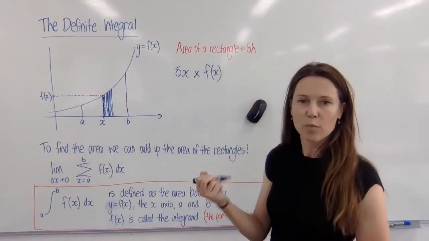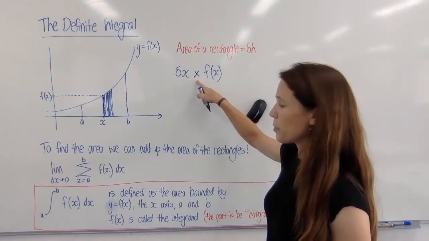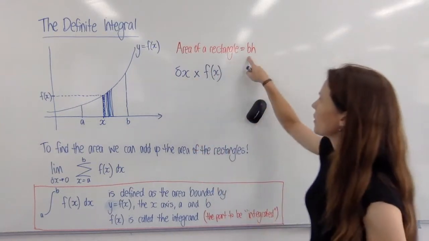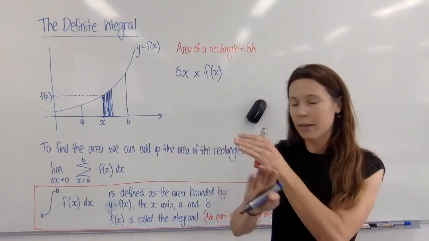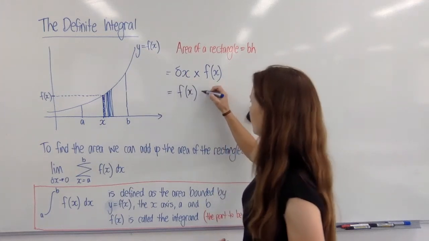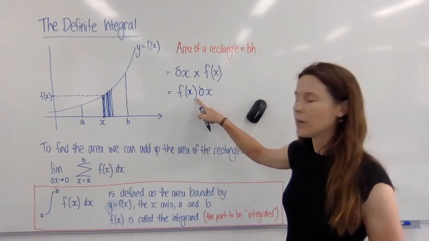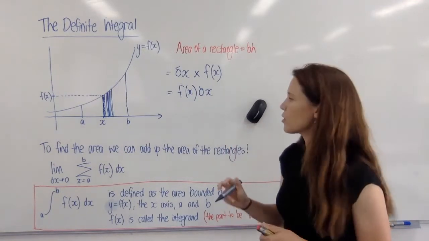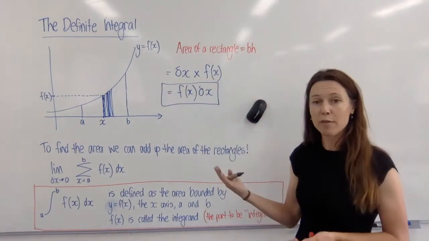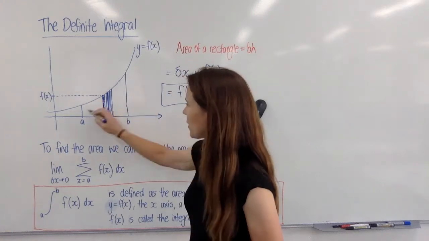In algebra, we can leave our times signs out, and for the purposes of our notation, I'm going to switch these around and call the area of a rectangle height times base, and smush them together. This now forms the basis for our formula for finding the area of this entire space.